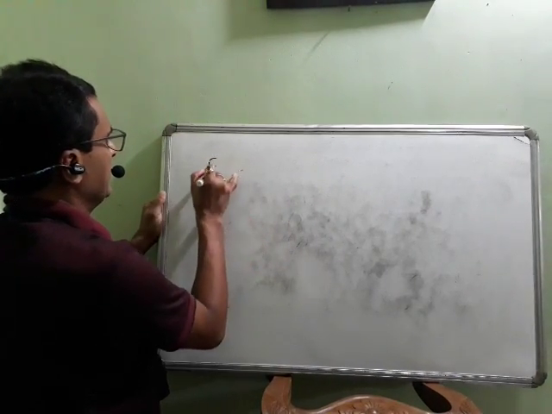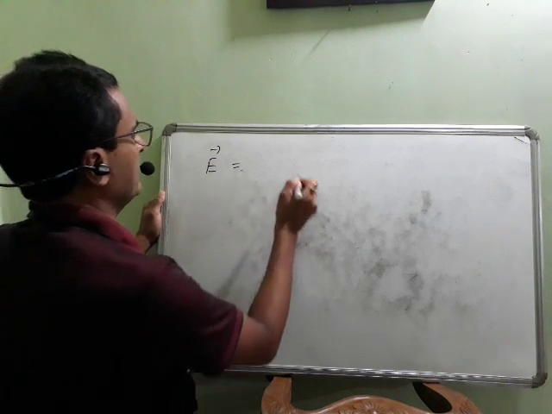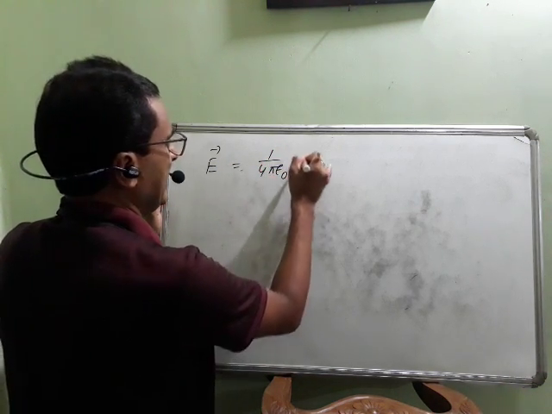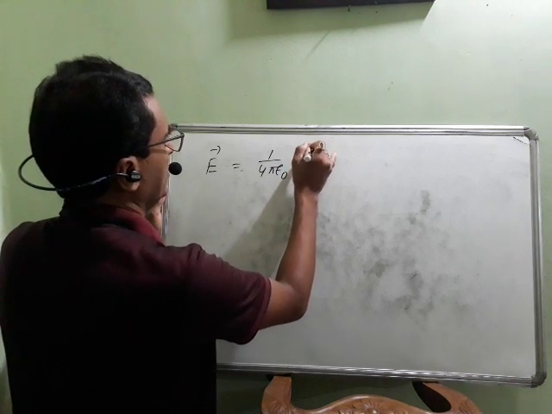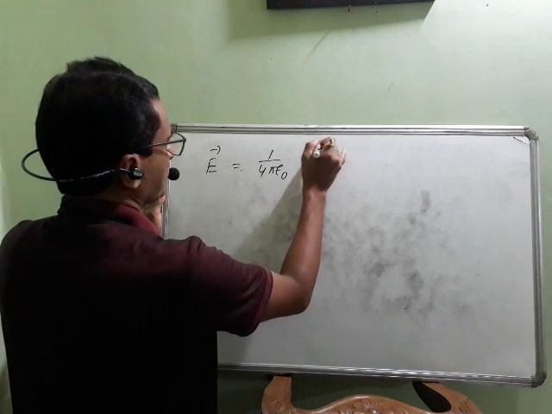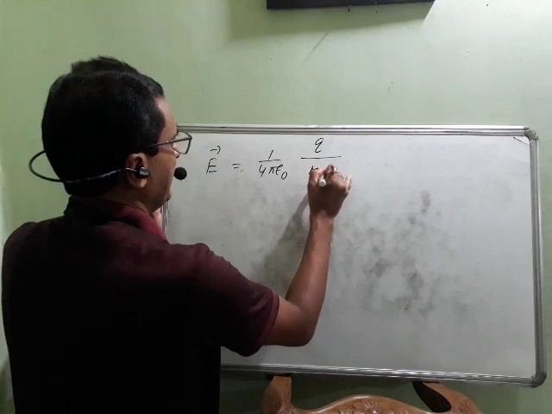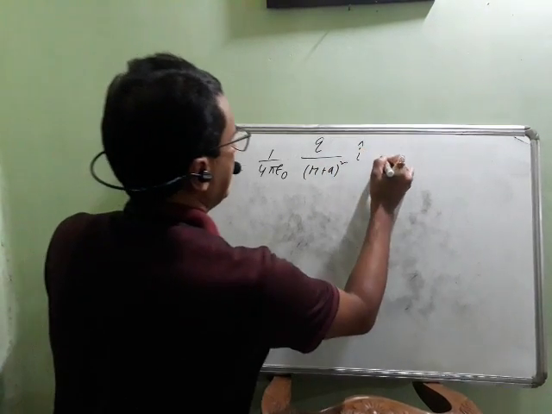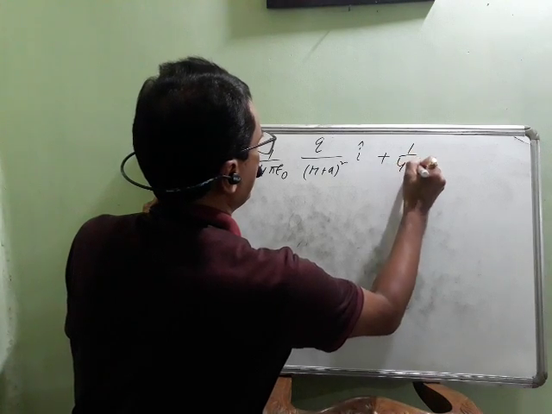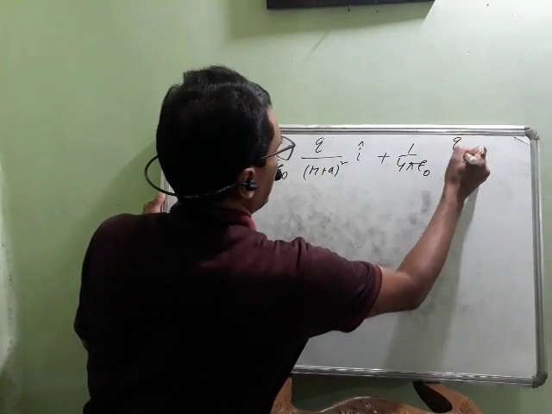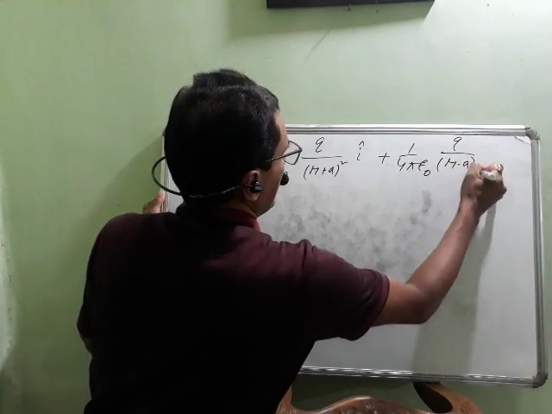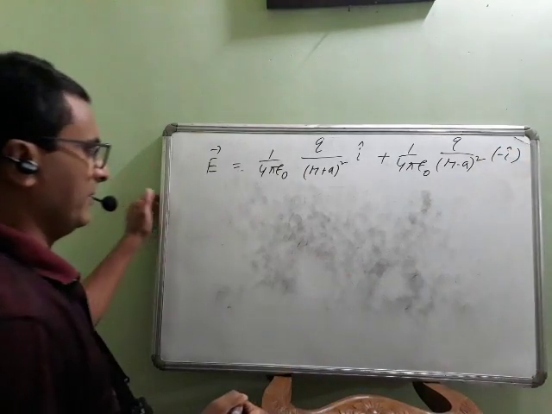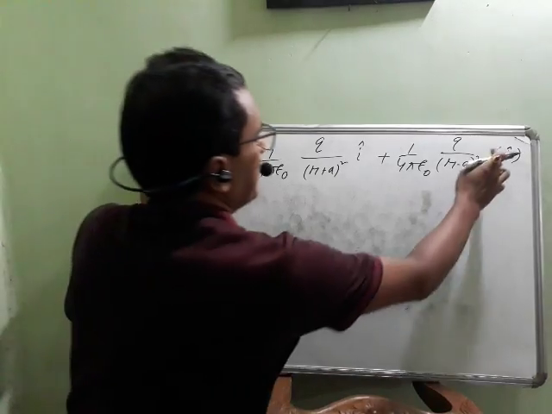Now the total electric field at P due to the entire dipole is E equal to 1 by 4 pi epsilon naught E_A. E_A means 1 by 4 pi epsilon naught Q by (R plus A) whole square i cap. Again E_B means 1 by 4 pi epsilon naught Q by (R minus A) whole square, minus i cap.